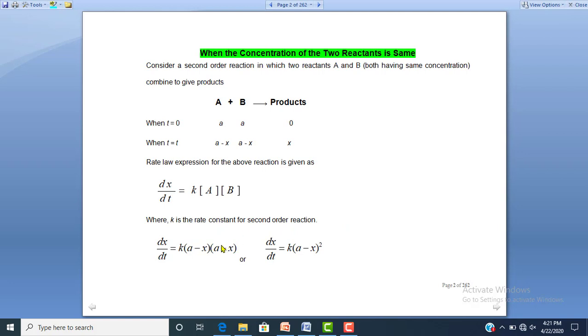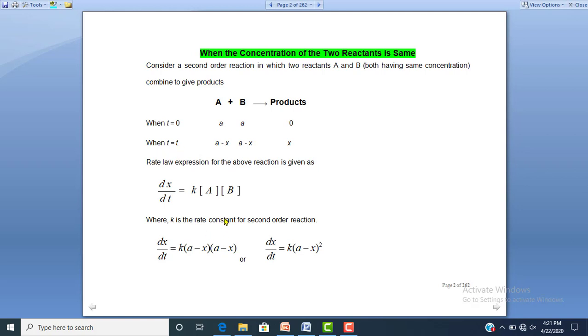So after time t, dx over dt is equal to rate constant k into a minus x. This a minus x has been written here because it is the concentration of reactant A after time t seconds.